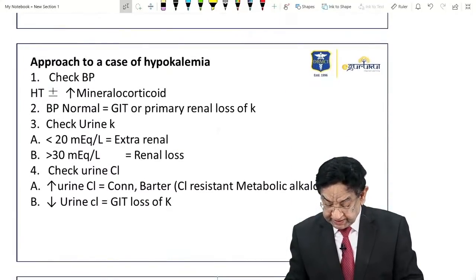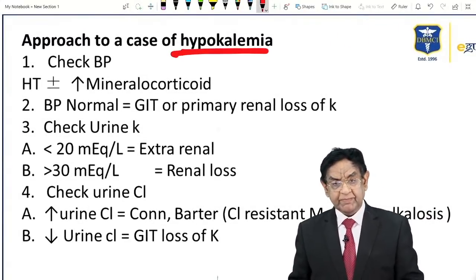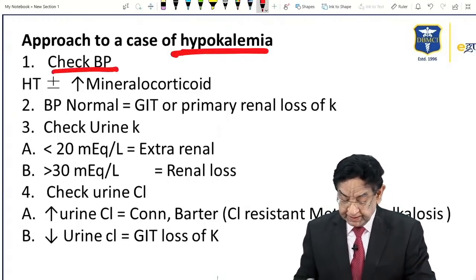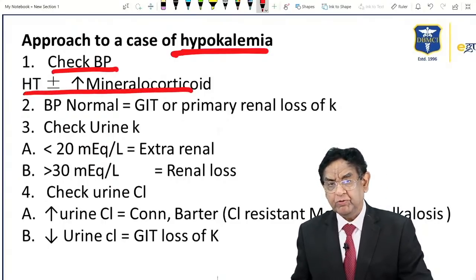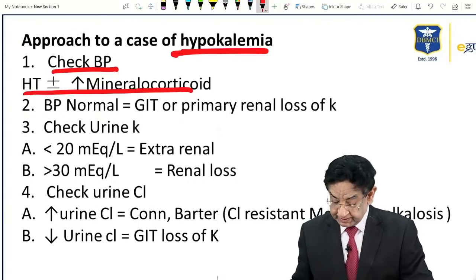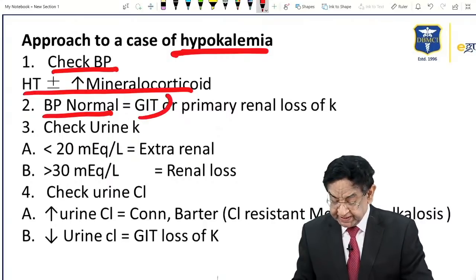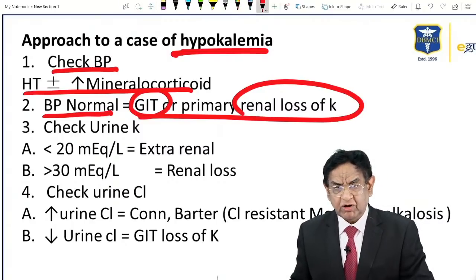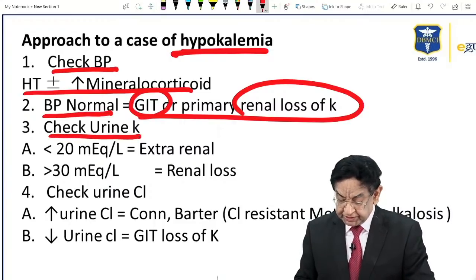Now, how to approach a case of hypokalemia? Whenever we are getting hypokalemia, check blood pressure. If it is high, then there may be increased mineralocorticoid activity. If BP is normal, then it is either GIT loss or renal loss. How to check it? Check urine potassium.